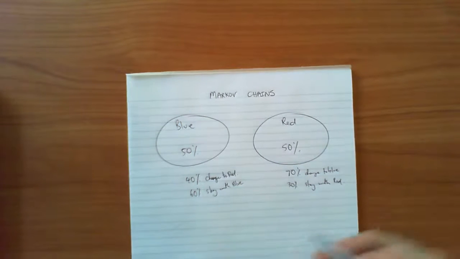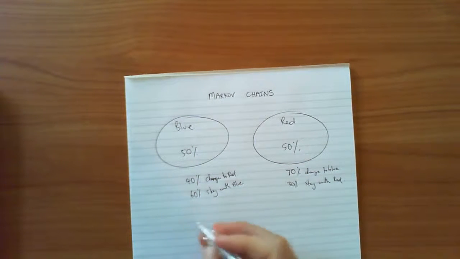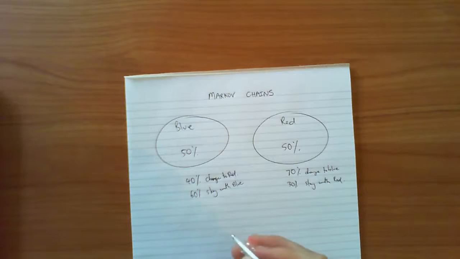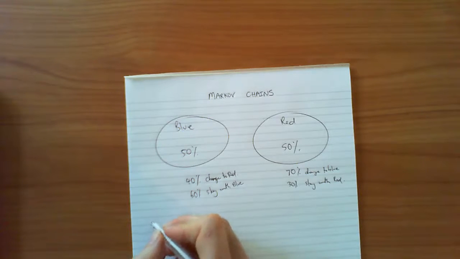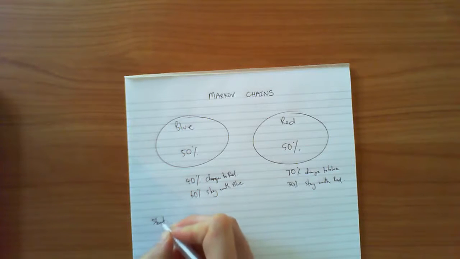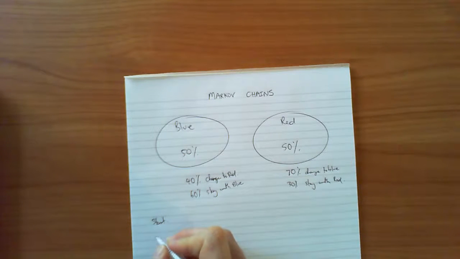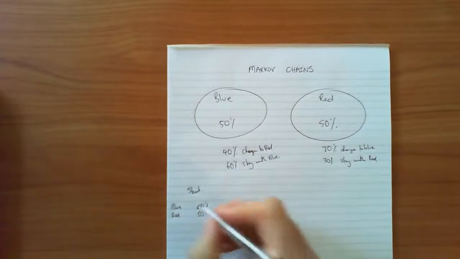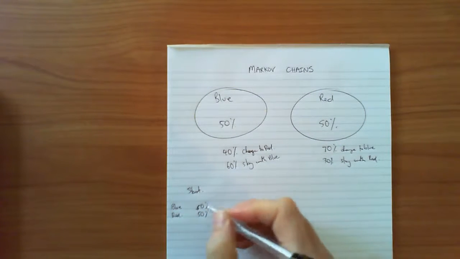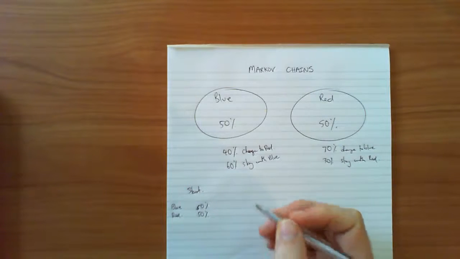Okay, so let's set up a bit of a pattern here to see what happens as the months go by. Well, we'll make a table here. At the start, we've got blue and we've got red. 50% and 50%. 50% like blue, 50% like red.